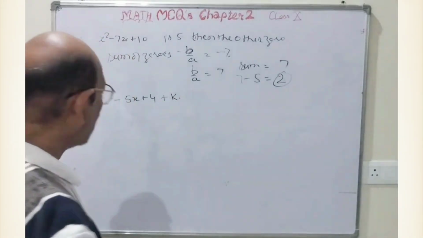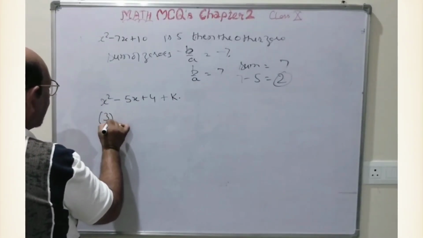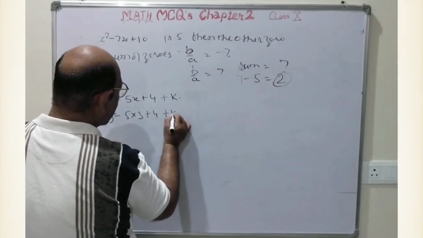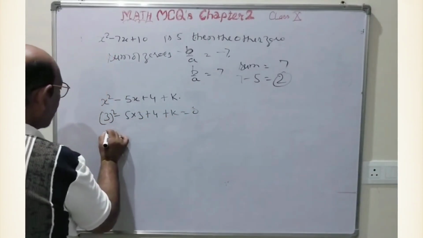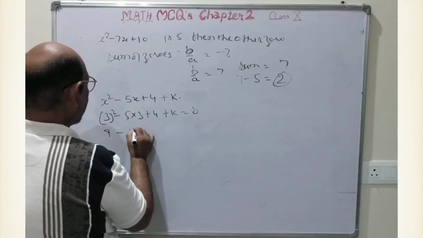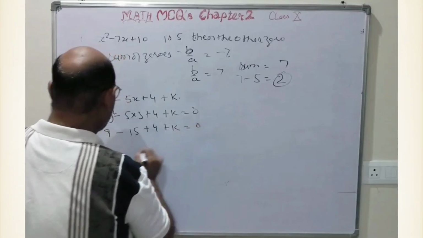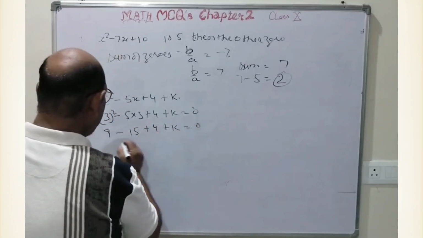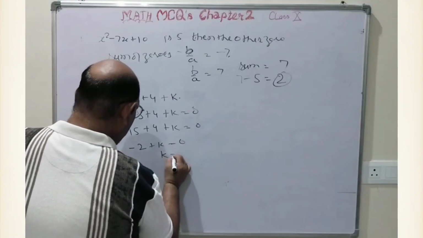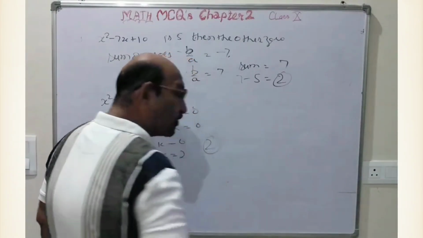So 3 is the zero, so we will put the value of x as 3. 3 square minus 5 into 3 plus 4 plus k is equal to 0. So 9 minus 15 plus 4 plus k is equal to 0. So 9 and 4, 13, that is minus 2 plus k is equal to 0. So k is equal to 2. So 2 will be the correct option.